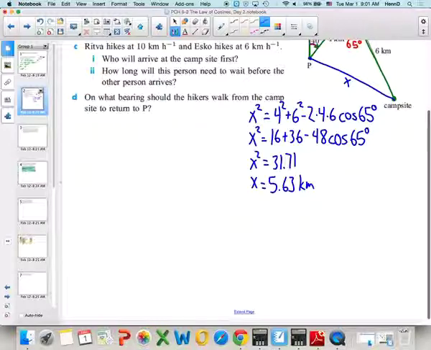So this distance here is 5.63 kilometers. Does everyone understand how we've gotten that?